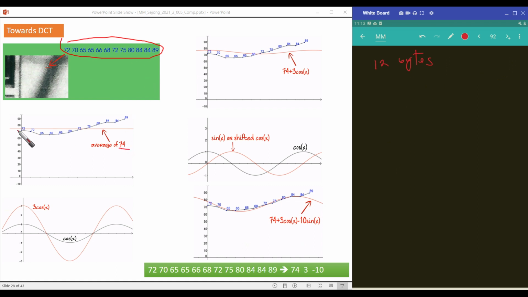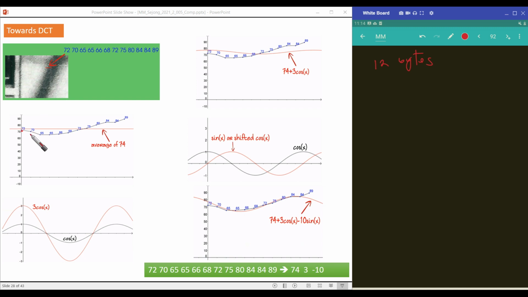Graphically, let's say this is 72. As you go forward, say along the x dimension, or distance dimension, whatever it is, and this is the pixel value on the y-axis. The first number is 72, that is the small dot.